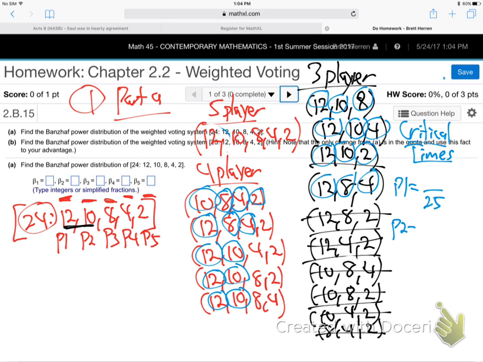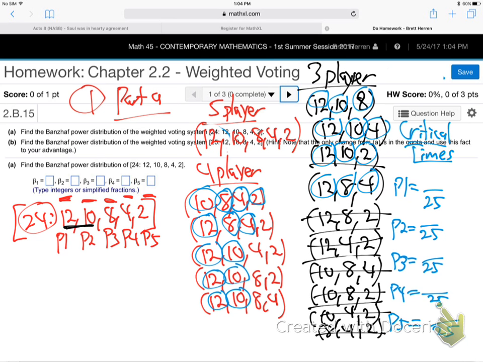So they're all going to be 25 denominator. Right, you with me? They're all at 25. There's 25 critical times unless I miscounted. 25, yeah, 25. Okay, I counted twice.